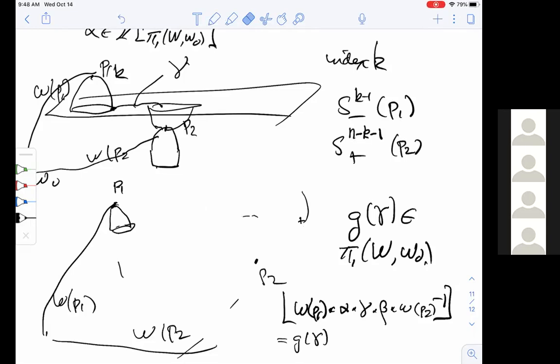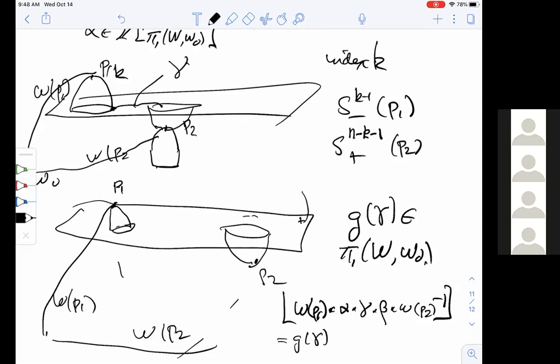I have the ascending manifold from P2. They have complementary dimension minus one. The sum of these two dimensions is one less than the dimension of the slice. I choose an arc gamma like this. I have my paths omega P1 and omega P2 from the base point to P1 and P2.